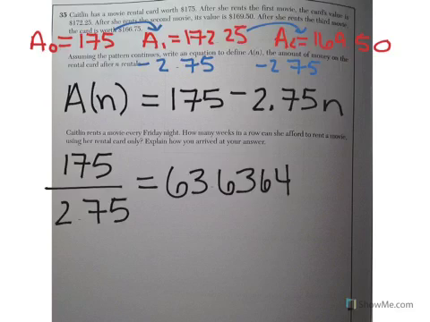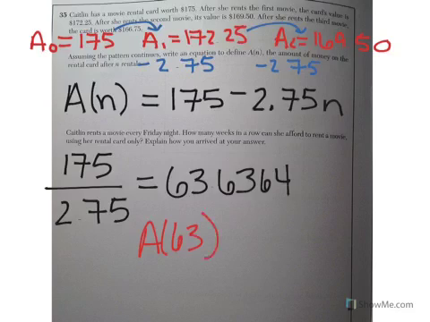Okay, so that means that because she's only renting this one movie every week, it's going to be about 63 weeks that she can rent a movie, right? She can't go over 63 weeks, otherwise she won't have any money left on her rental card. So, to show this, we're going to just test it in our equation. So A of 63, we're going to check.